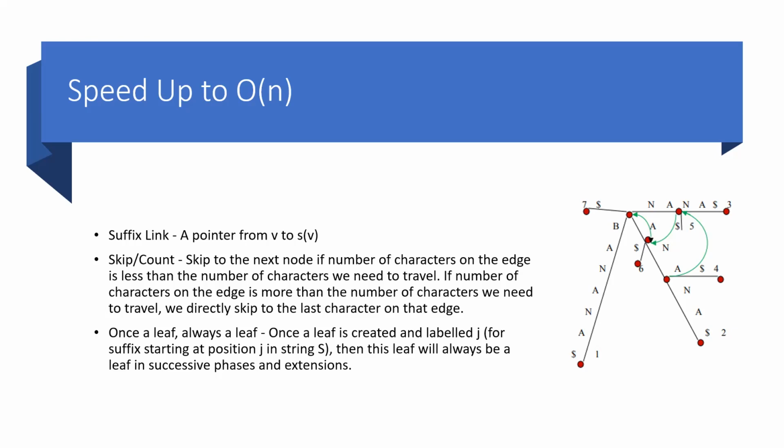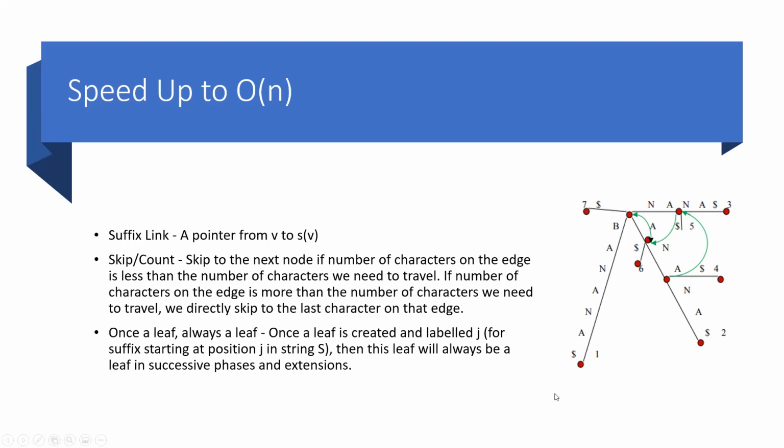So it could be x and then nothing, or x and then a, or x and then bc or something like that. So it's some substring after x. So if there is another node s of v with a path label a, then we can create a pointer from v to s of v, and this is called the suffix link.